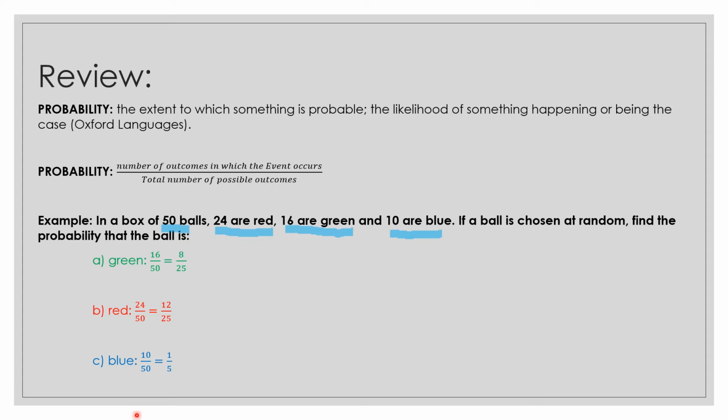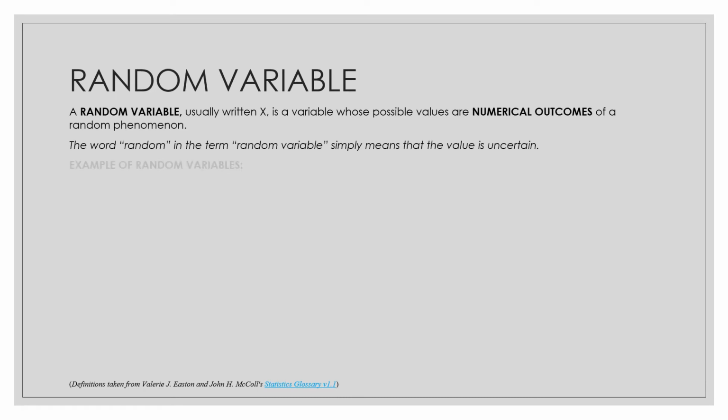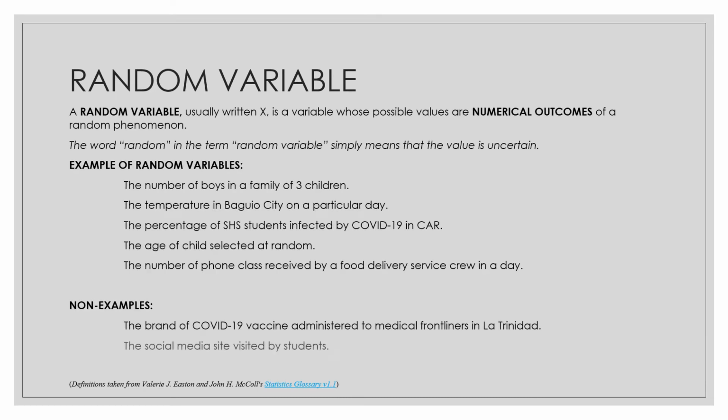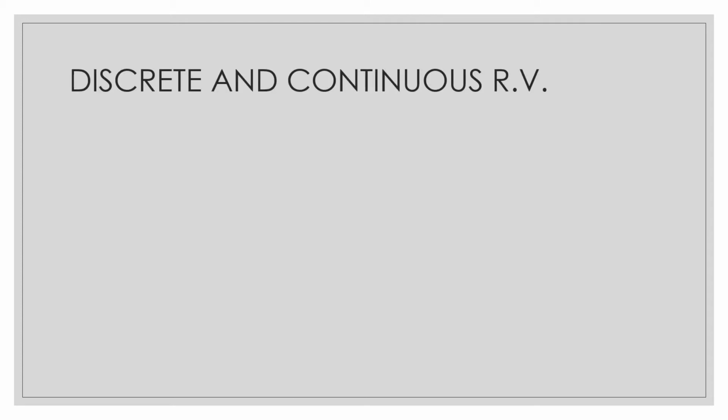And then we have 50 balls in total. So that is 10 over 50, which can be simplified into 1 over 5.